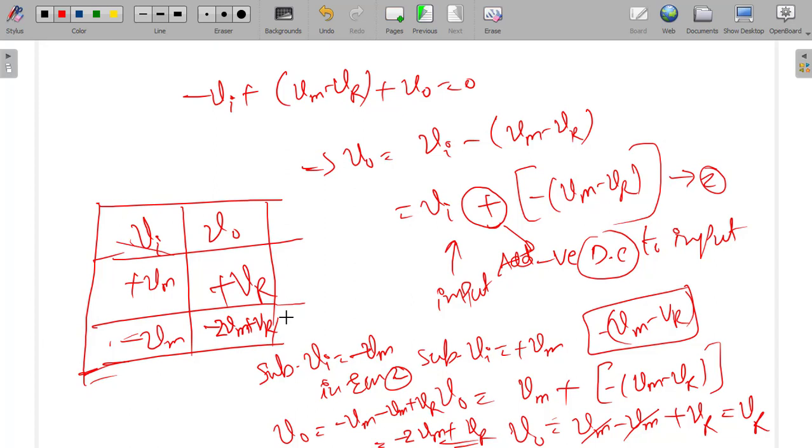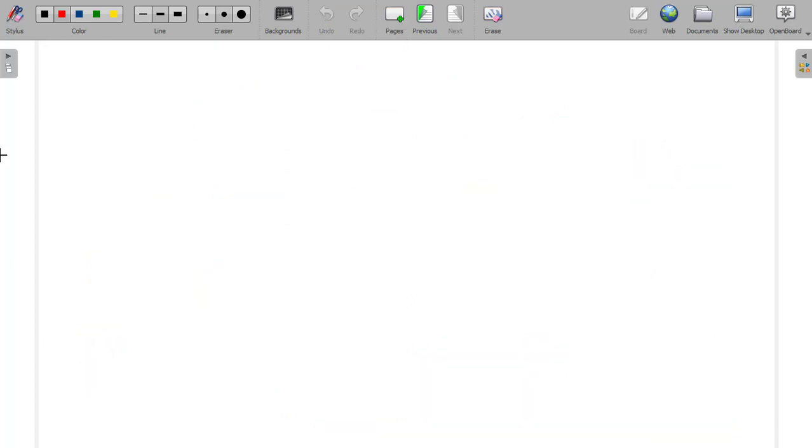Let me rewrite on a fresh page. So what we have got, let's draw the output. I am drawing the input with the yellow mark. In the input we have two voltages, either plus Vm or minus Vm.